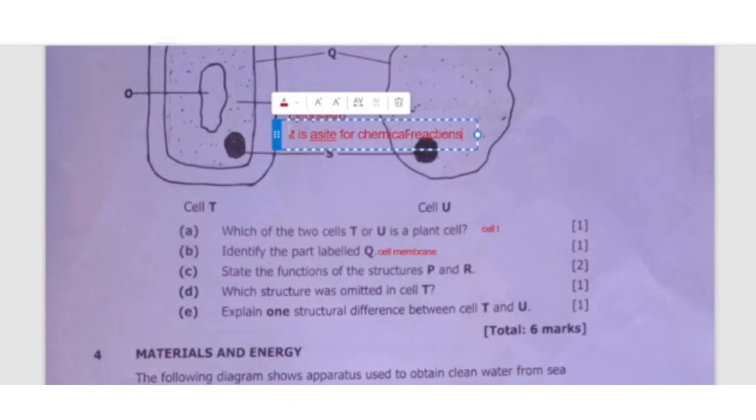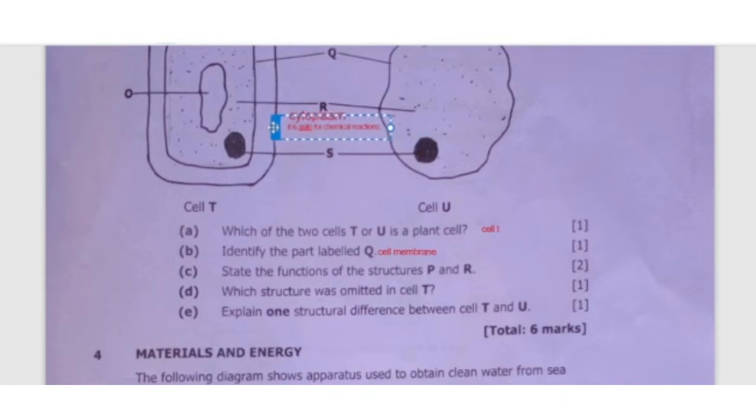Or you can also say it is a site for cell activities. It is a site for chemical reactions and also cell activities.